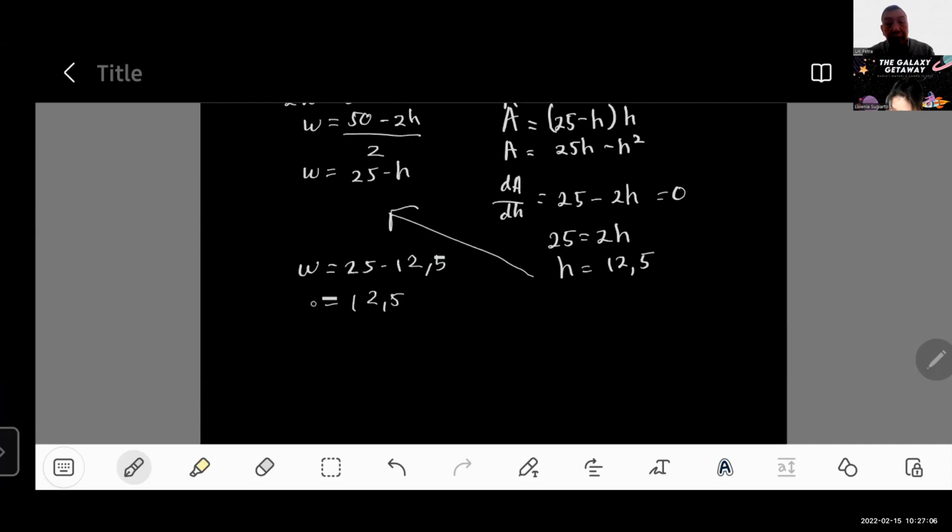Okay. So, can you take the second derivative of that one? d²A/dH². The second derivative is only minus 2. Correct. So, if the second derivative is negative, what does it mean?